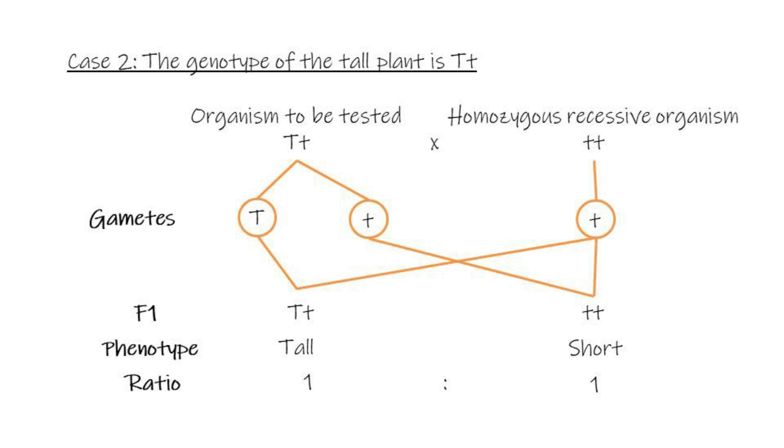However, in the case where it is heterozygous, the ratio of the genotype of the F1 generation being heterozygous and homozygous recessive is 1:1. From the above results, if all the offspring are tall, the tall plant must be homozygous dominant. However, if the tall and short offspring are in a ratio of 1:1, the tall plant must be heterozygous.